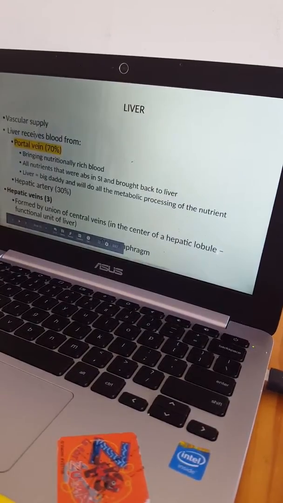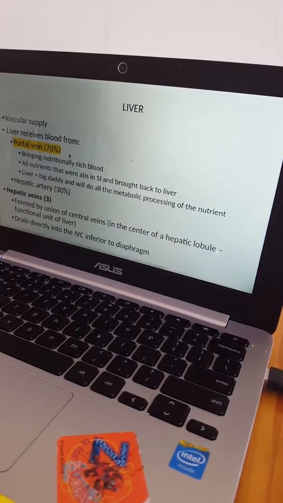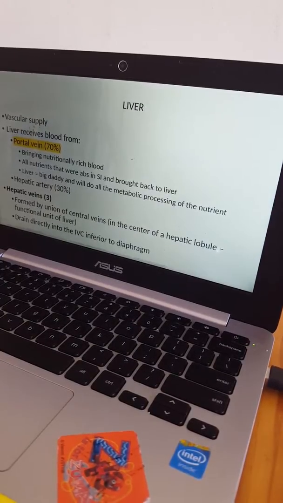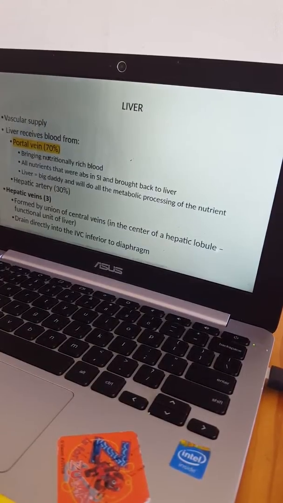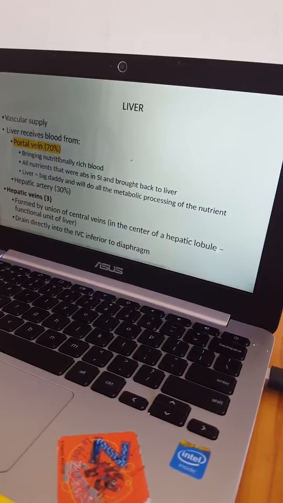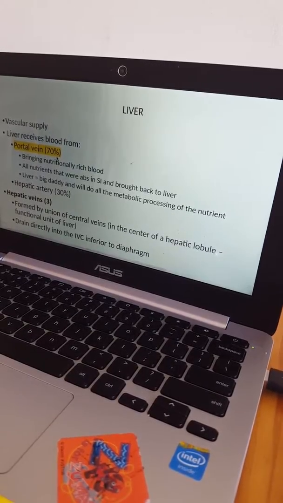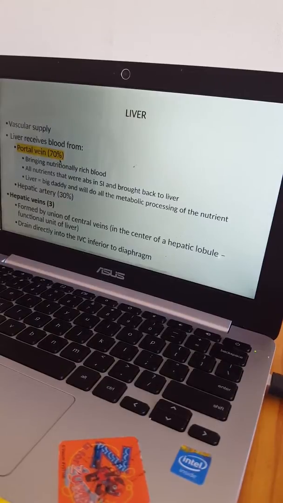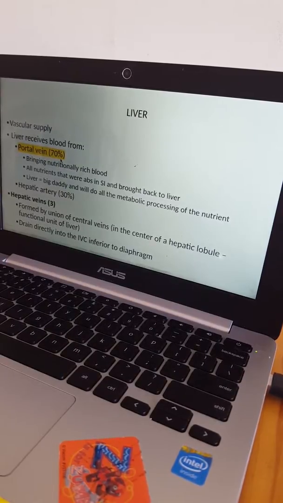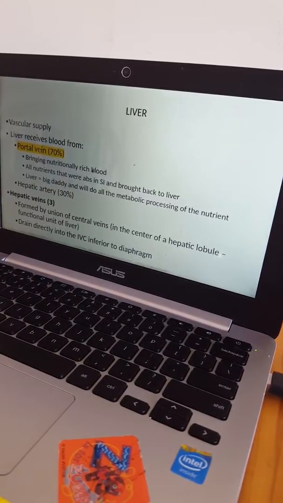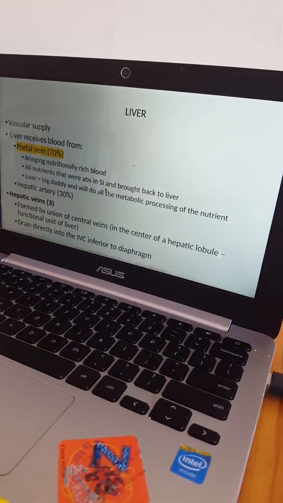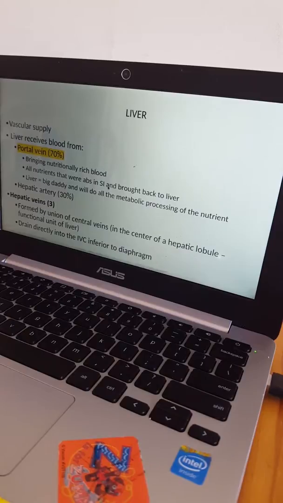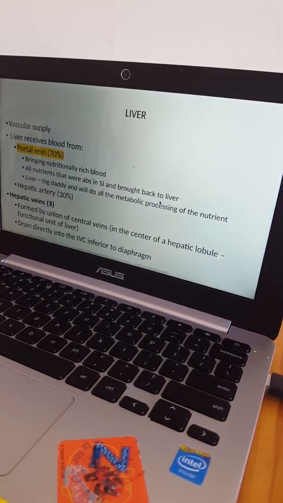So vascular supply. The liver is very important because of the portosystemic shunts. The liver receives 70% of its blood from the portal vein. Very important question from the MCQ perspective, and also from the short answer questions. It brings nutritionally rich blood, all the nutrients absorbed in the small intestine, back to the liver.